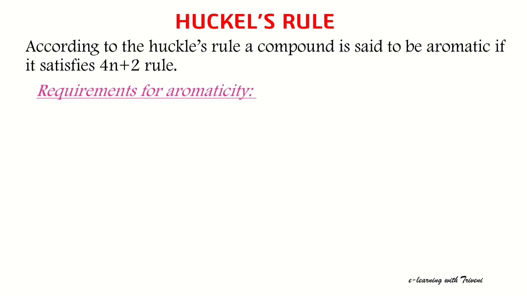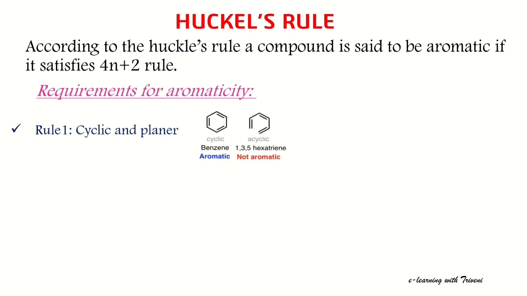Then the requirements for aromaticity. Rule 1 is cyclic and planar, and here you can observe benzene is a cyclic structure. When you see 1,3,5-hexatriene, there is no connection link between the carbon atoms, so it is not aromatic.